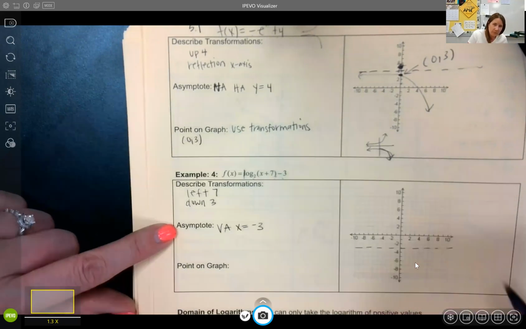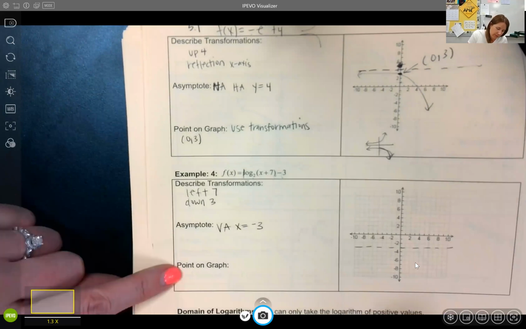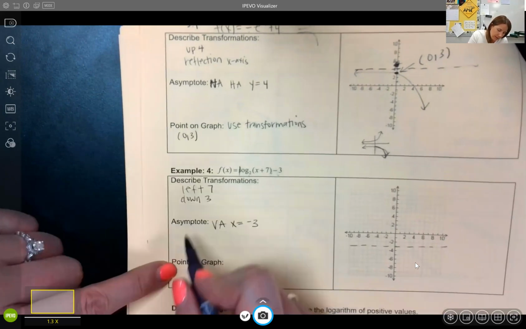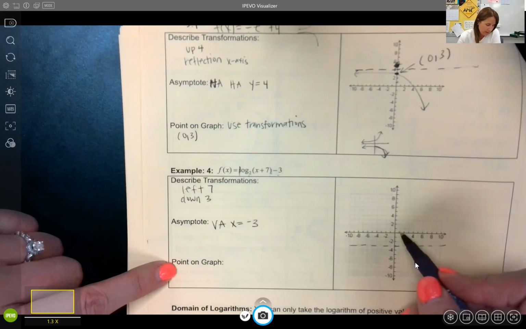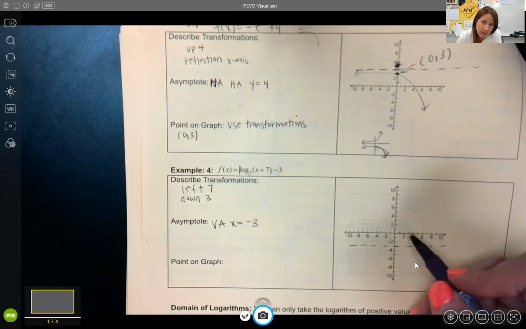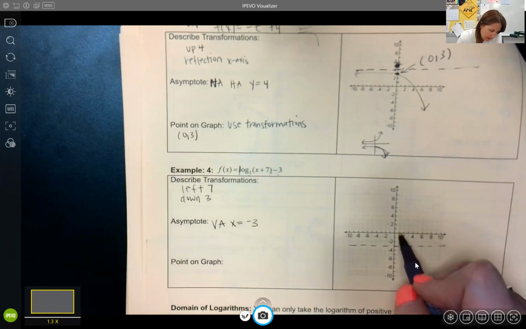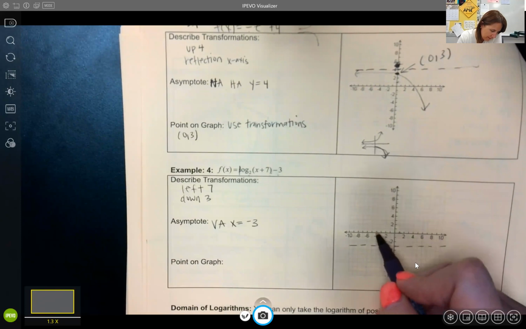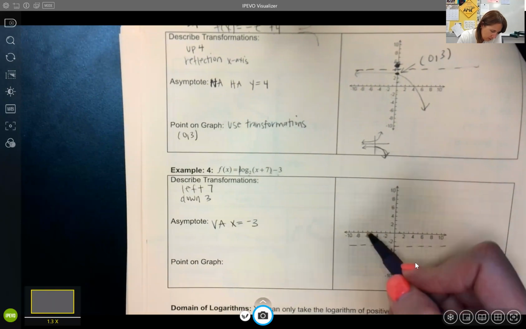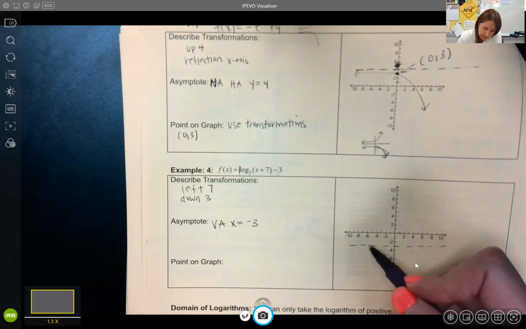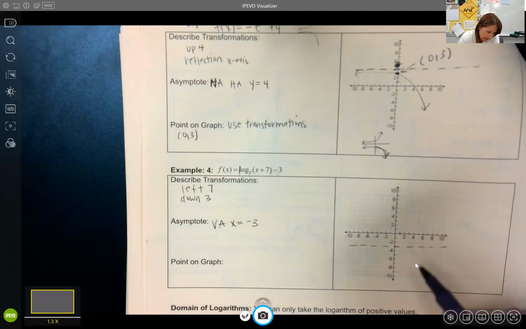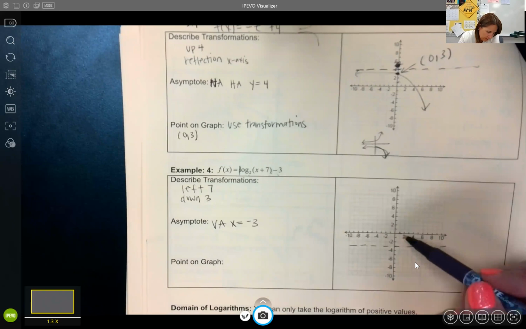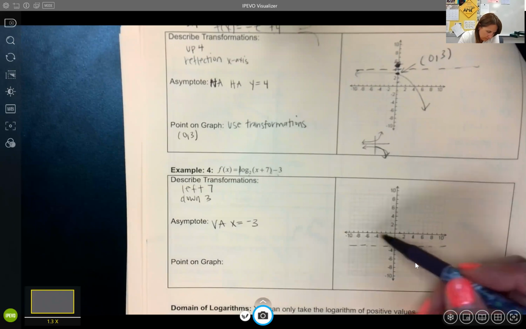Now the point on the graph using transformation. On a log graph, it typically goes through the x-axis at 1. So I'm going to take that point 1 and move left 7. So 1, 2, 3, 4, 5, 6, 7. And then I'm going to go down 3. 1, 2, 3. So we're going to take this normal point and go left 7 and down 3.